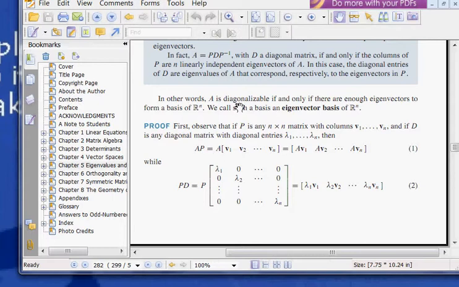In other words, A is diagonalizable if and only if there are enough eigenvectors to form a basis of Rn. We call such a basis an eigenvector basis of Rn.